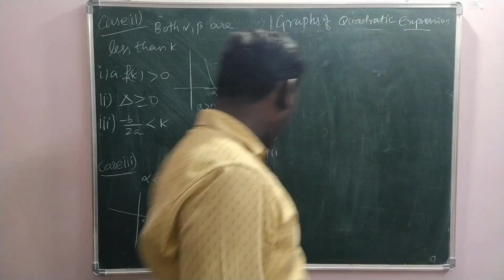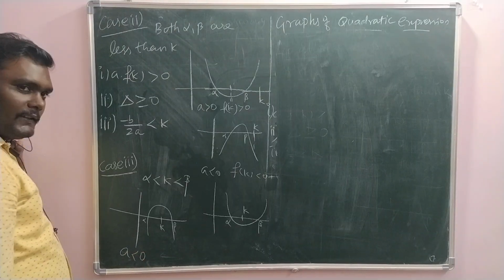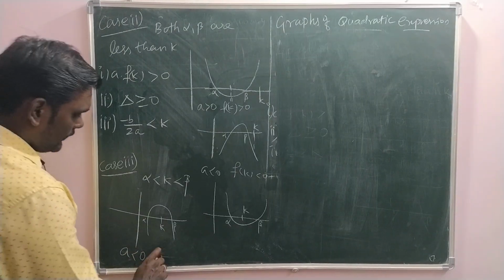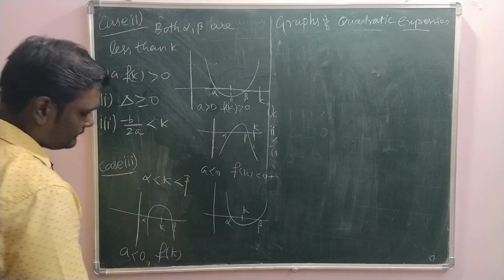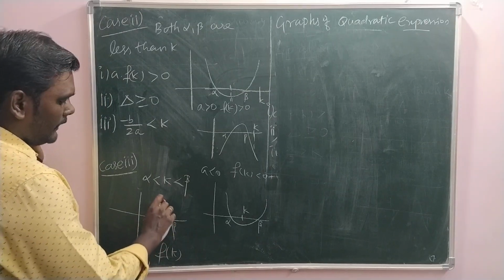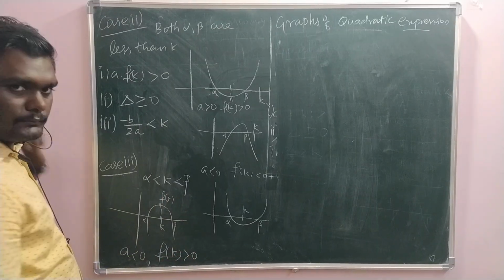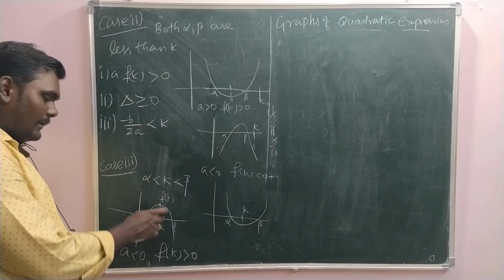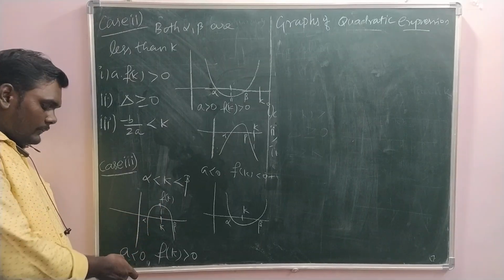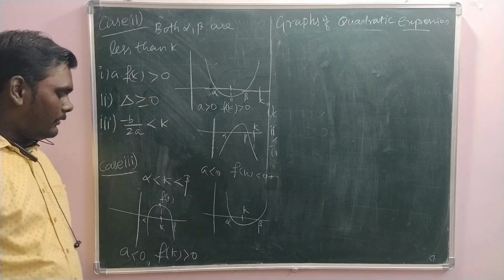Alright. Here, what is the sign of A? A is less than 0. And f of k is greater than 0. When a negative value and a positive value multiply together, we get a negative value.